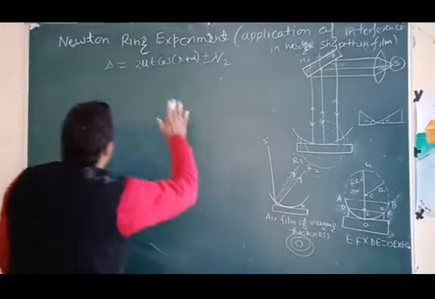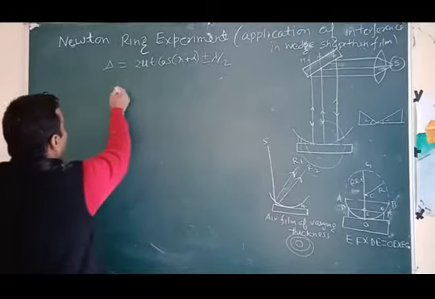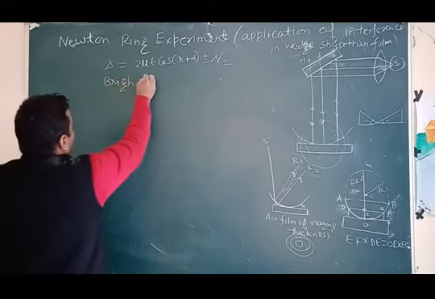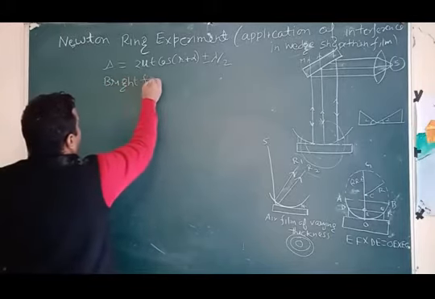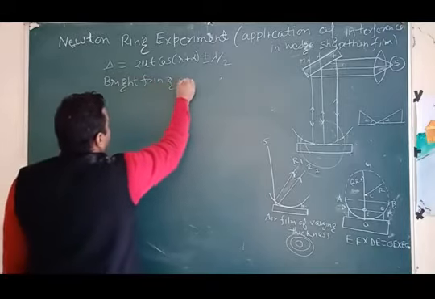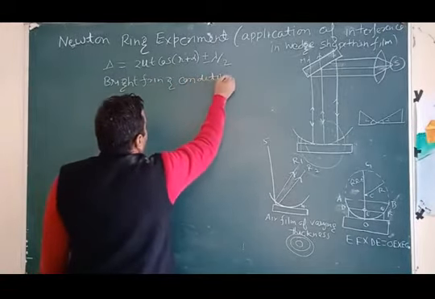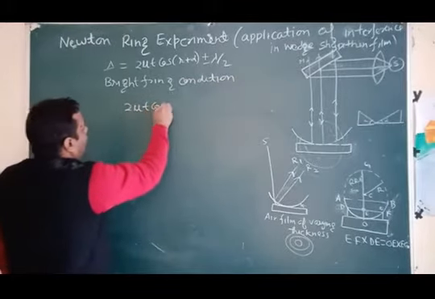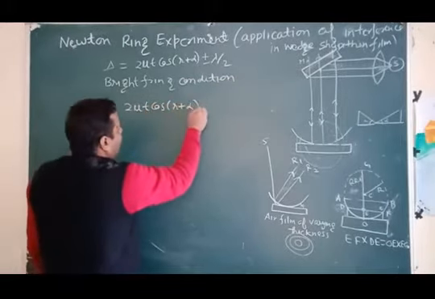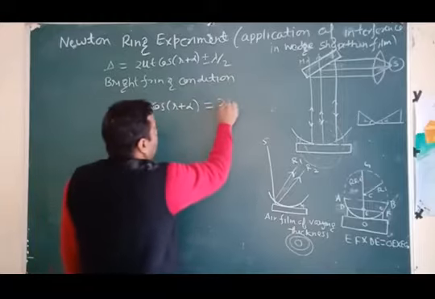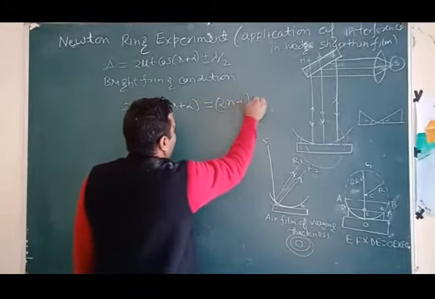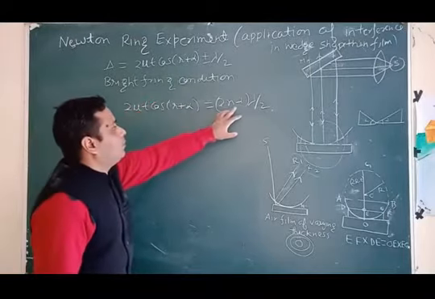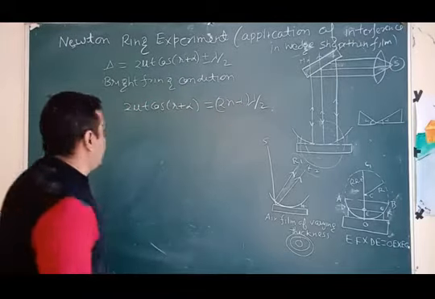Now for the bright fringe condition, 2 mu t cos(r + alpha) is equal to (2n minus 1) lambda by 2, if we take plus lambda by 2.